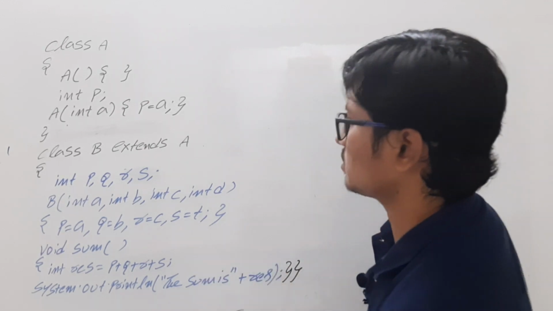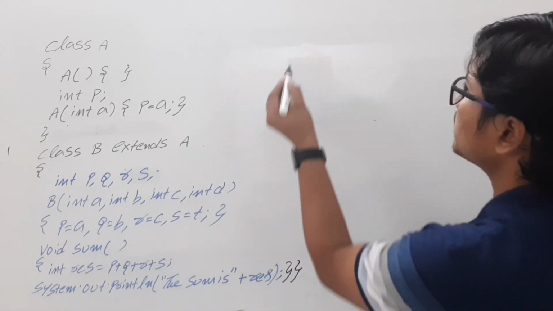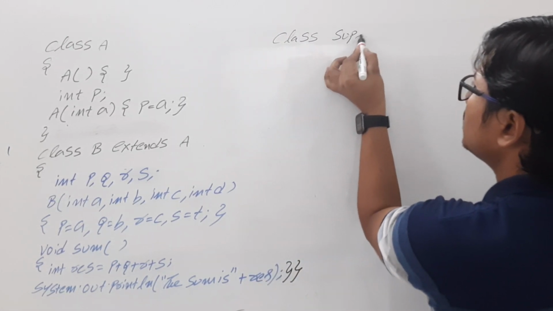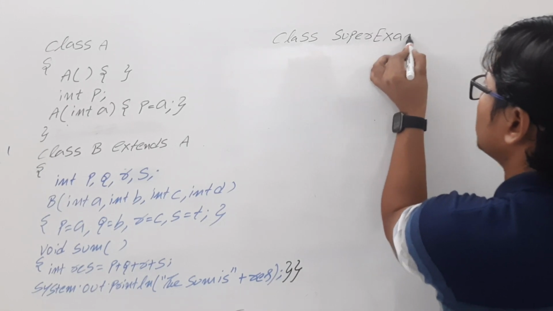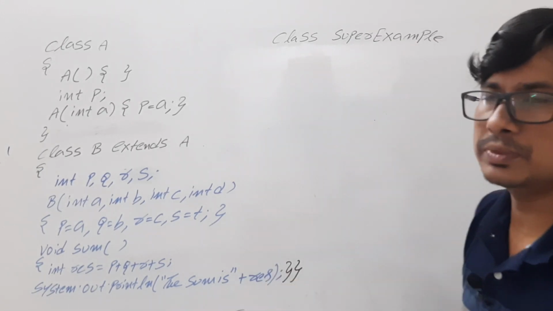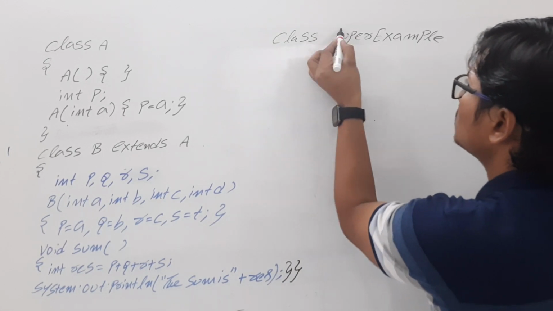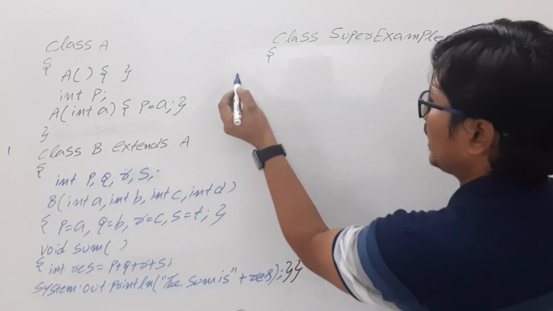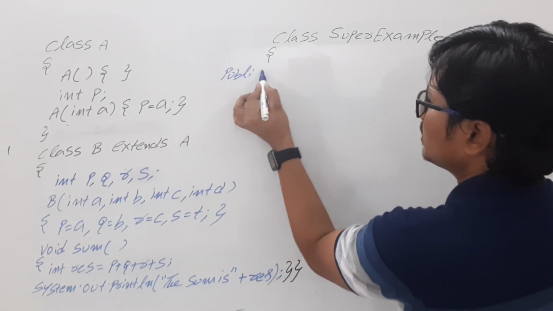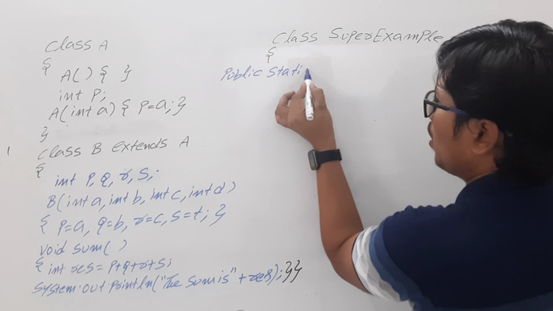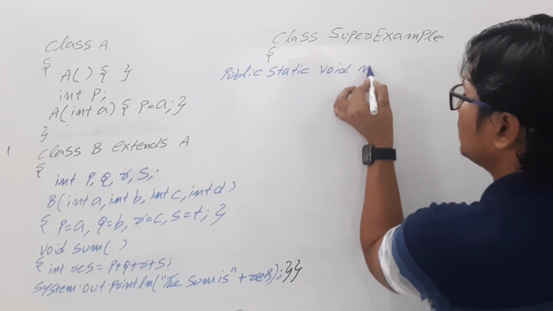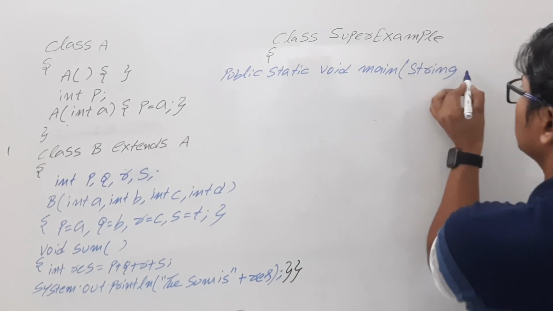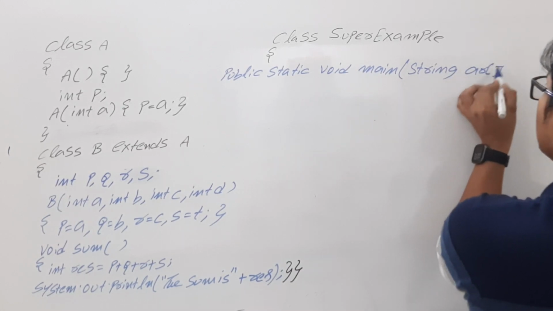Let me close the class B. Now let me take the driver class SuperExample, where S is capital and E is capital. You know that the program should be saved as SuperExample.java. Now in this class I will write the main method. So I will write public static void main, String array, where S should be capital, and let me take ar.